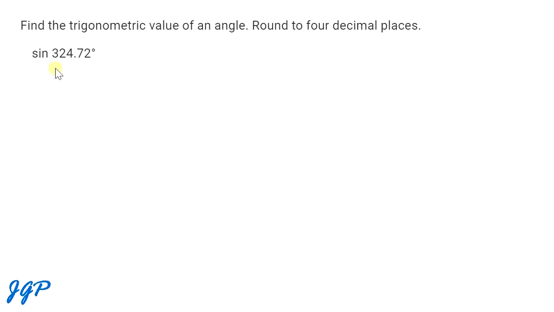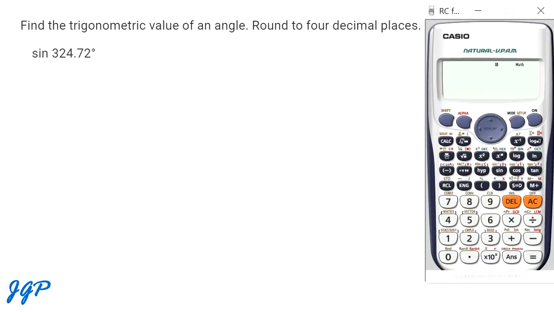Okay, how about if you're asked to find sine 324.72 degrees? Again, look at the given. We have a degree measure. So, when using the calculator, it should be in degree mode. Ayan, naka-degree mode tayo. And then, let's press the sine button and then 324.72. And the answer is a negative 0.57757272034.